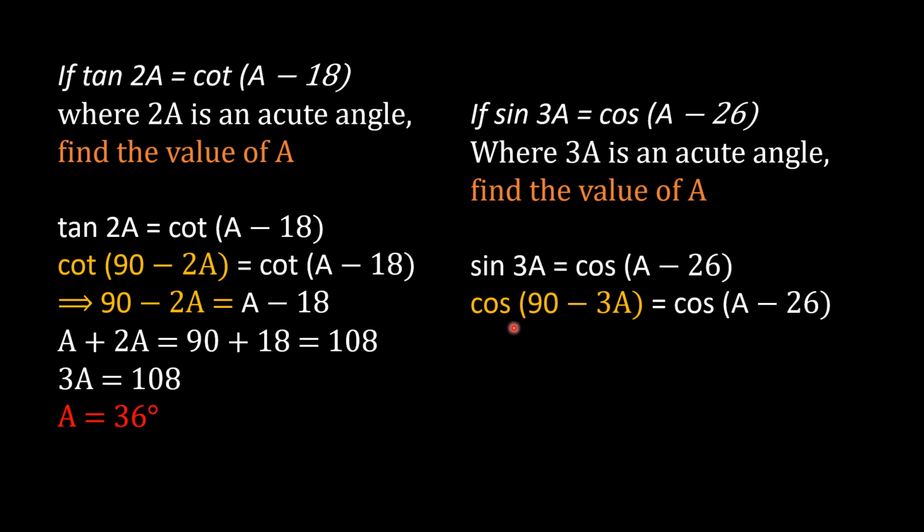Now here on both sides there is a cos ratio, so we can equate the angles. So we write 90 minus 3a equals a minus 26.